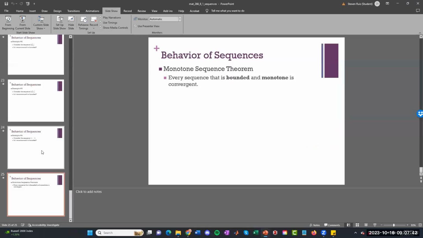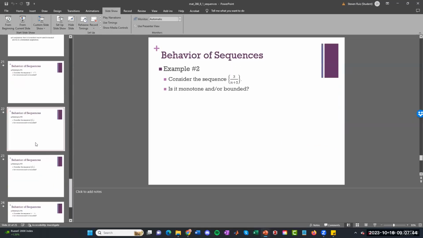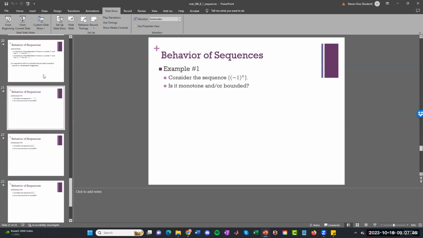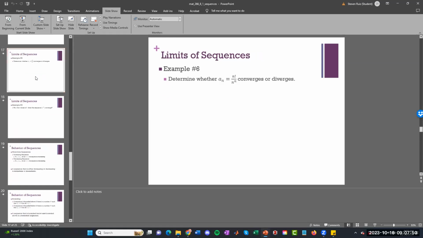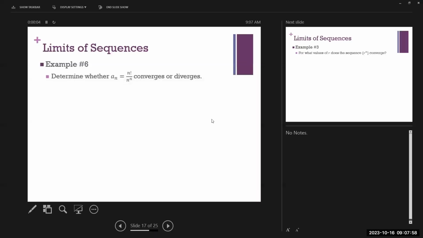One thing I wanted to show you here was that I didn't really have a good demonstration of the squeeze theorem. So I wanted to revisit one of our examples from last time. We said this thing converges, right? But now I want to talk about how we can use the squeeze theorem to make this clear.